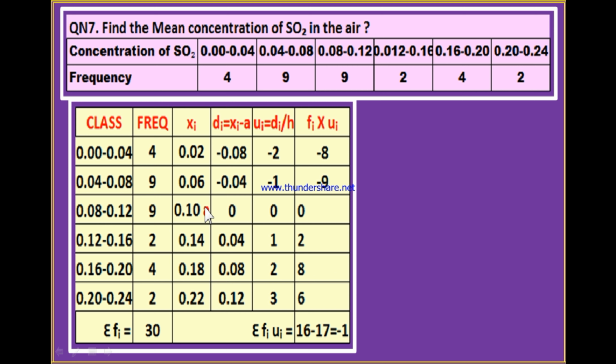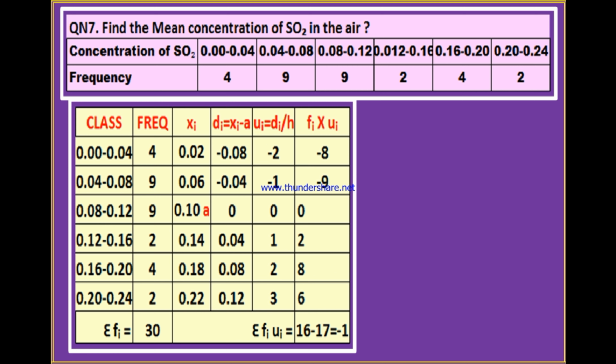Now come to these classes. 0.06 minus 0.10 is minus 0.04. For this class, the deviation is 0.02 minus 0.10, which is minus 0.08. These are the deviations. The next column is for ui, step deviation.